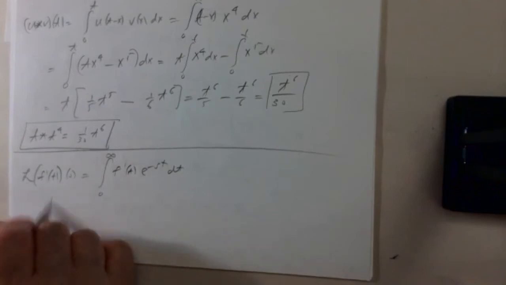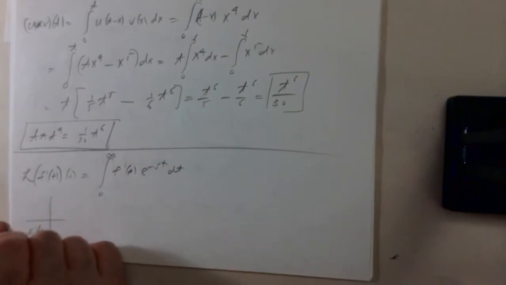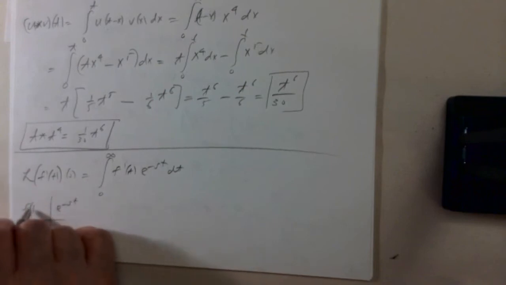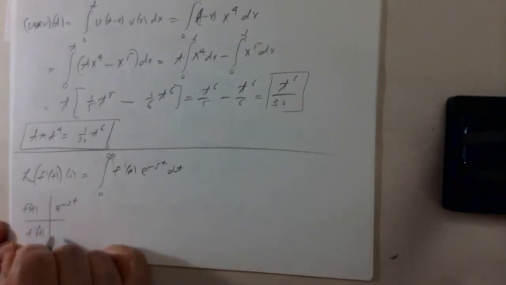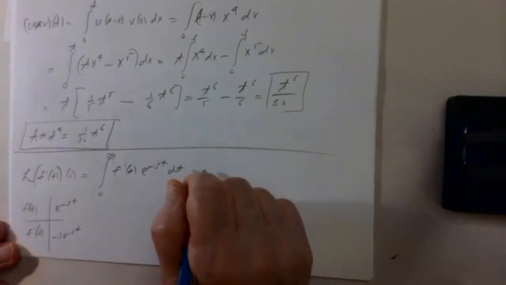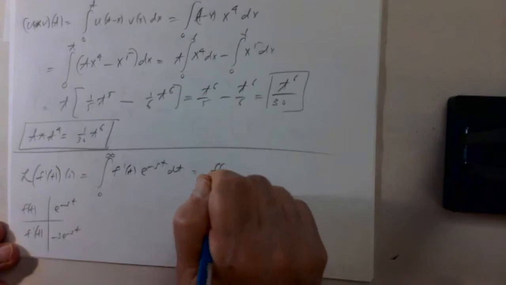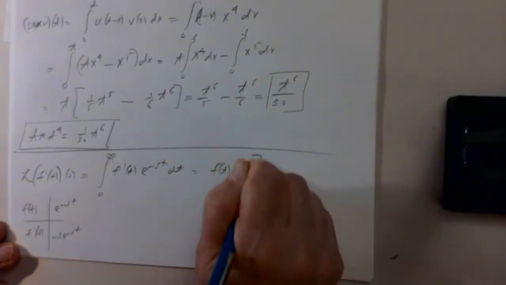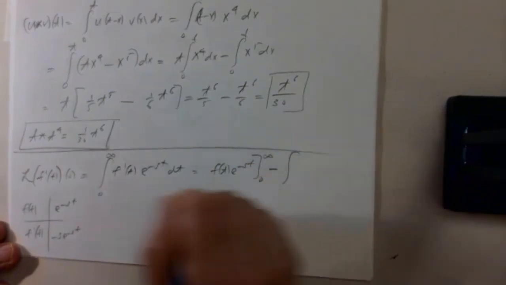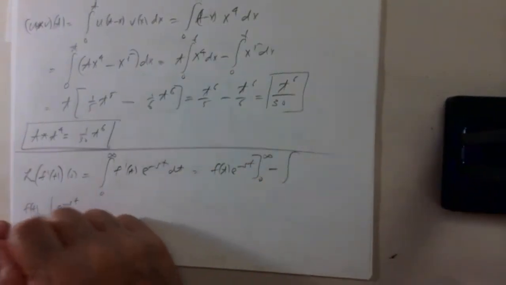When you integrate by parts, I write f prime of t and e to the minus st. The antiderivative is f of t, and the derivative is minus s, e to the minus st. So this is f of t, e to the minus st from 0 to infinity, minus the integral this way.